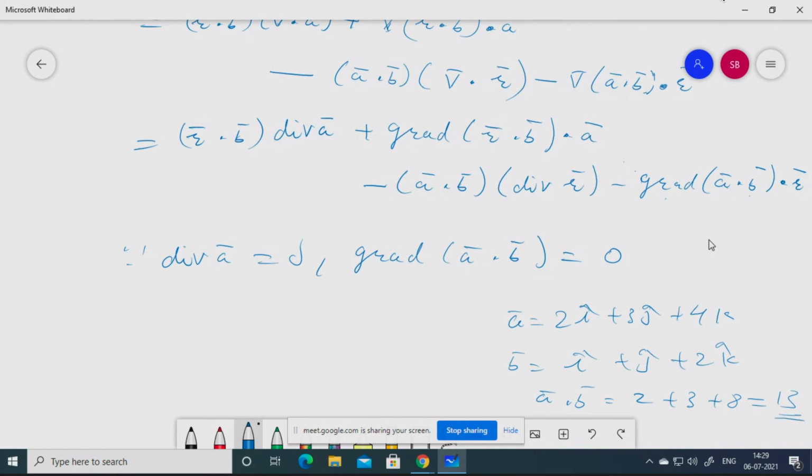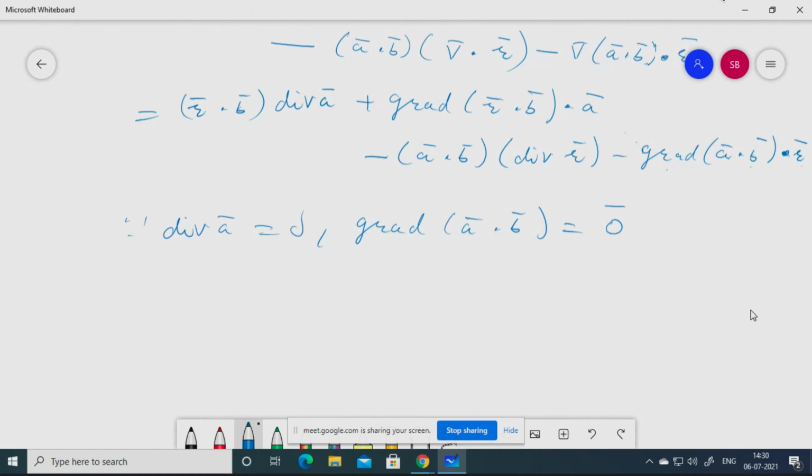On this if you apply gradient, gradient means the operator del, I dou by dou x plus j dou by dou y plus k dou by dou z. If you apply this on 13, what will be the result? 0 bar. So 0 only you will get. Now gradient of something is a vector 0 bar. Again a dot product with r bar will be normal scalar 0 only.